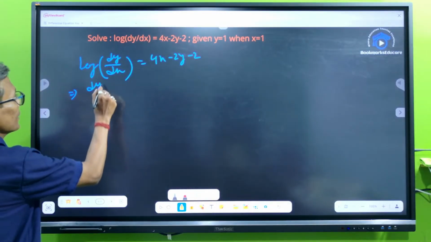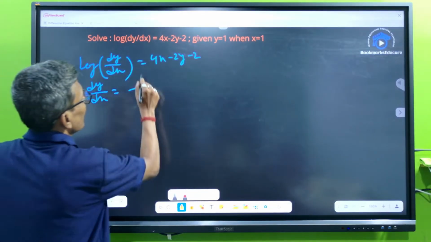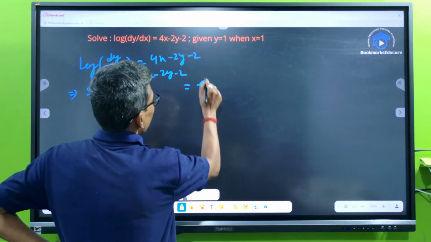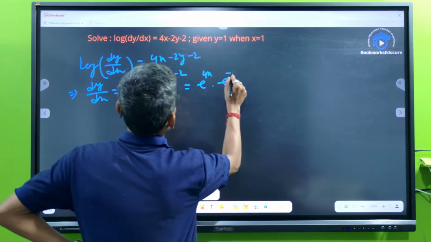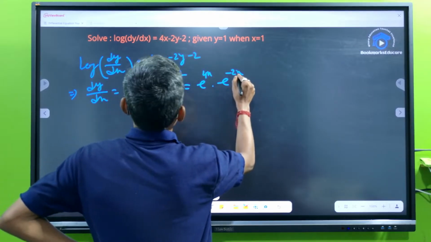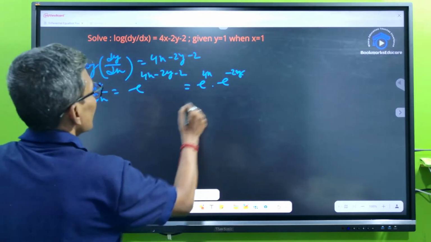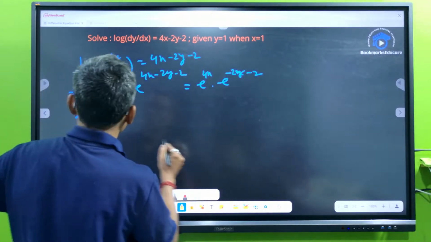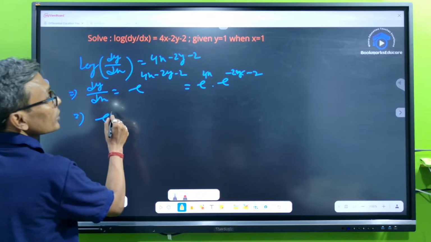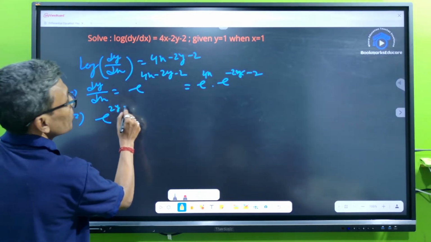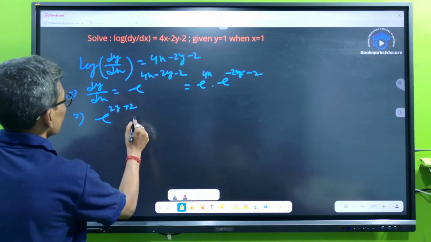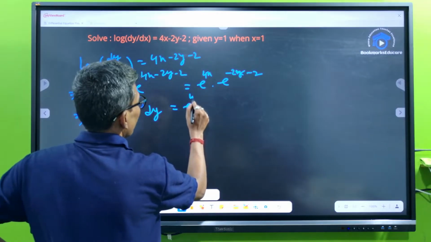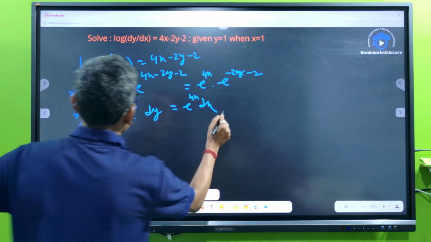So dy/dx is equal to e to the power 4x minus 2y minus 2, which is e^(4x) into e^(-2y) into e^(-2). So e^(2y) plus 2 into dy is equal to e^(4x) into dx.